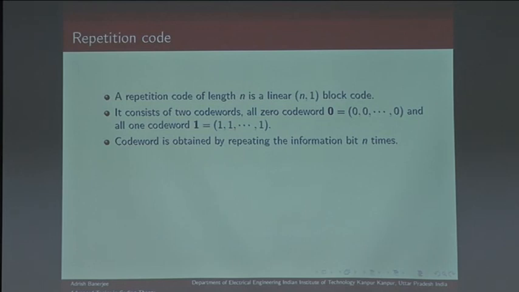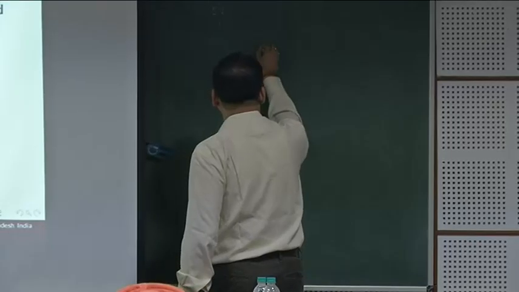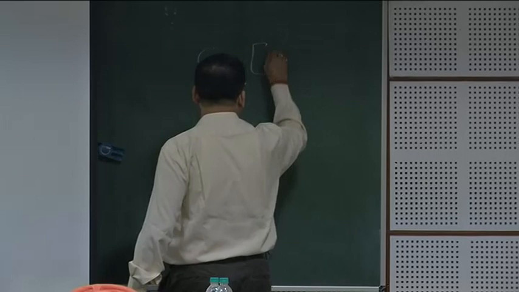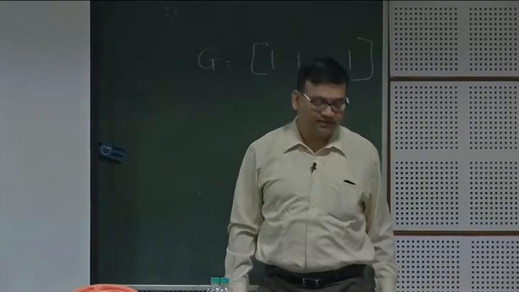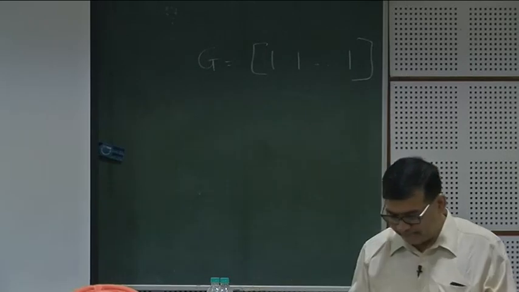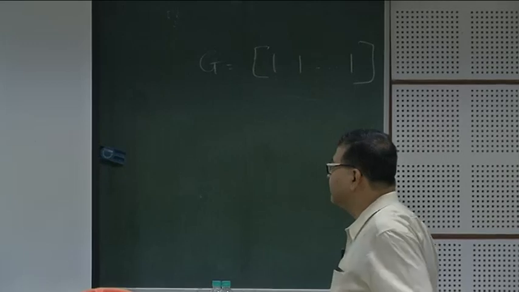We are repeating the bit, so what will be the generator matrix? Exactly. G will be 1, 1, and so on, repeated n times, right? That is my generator matrix.